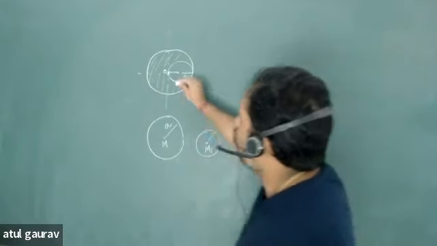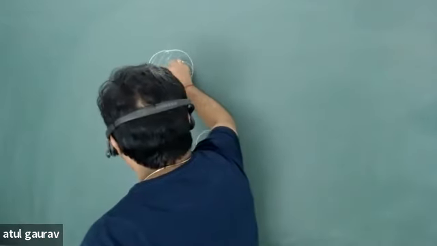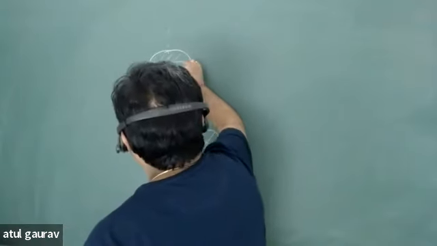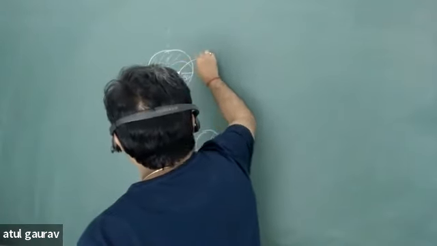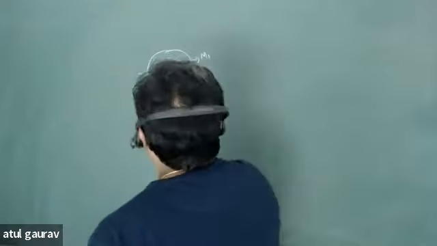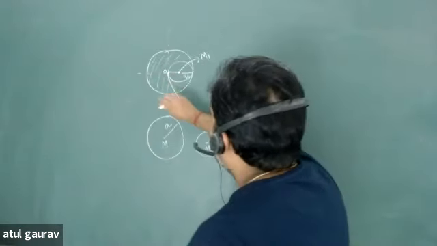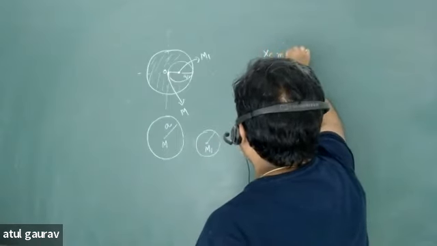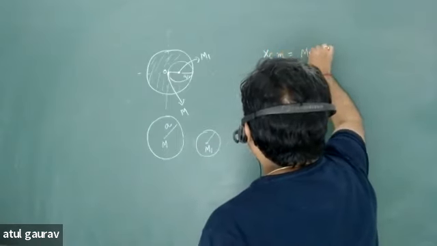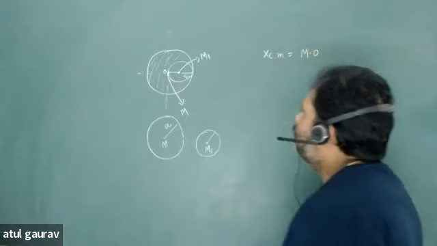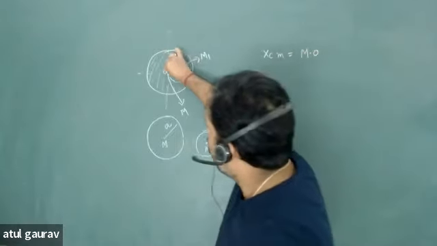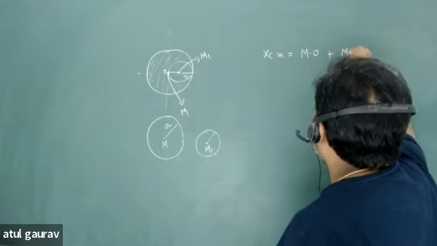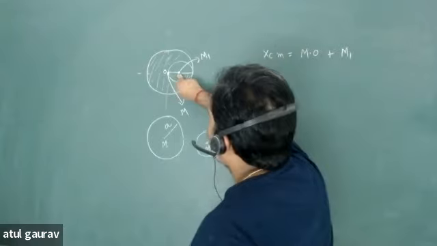So I can assume this as a point mass whose value is m, and this as a point mass whose value is m1. So what will be the combined center of mass? xcm equals m into 0, this is my 0, 0 coordinate, plus m1, and what will be this coordinate?